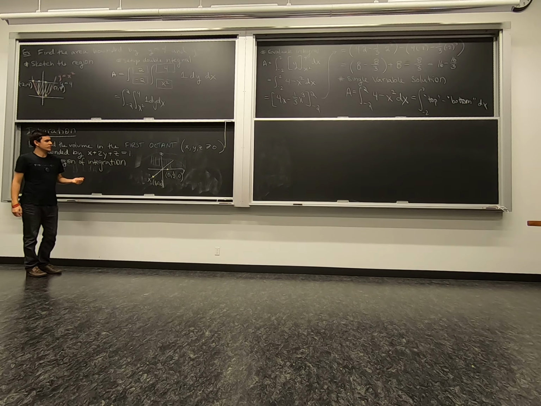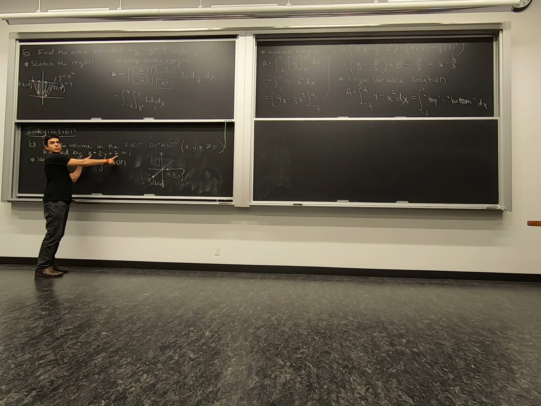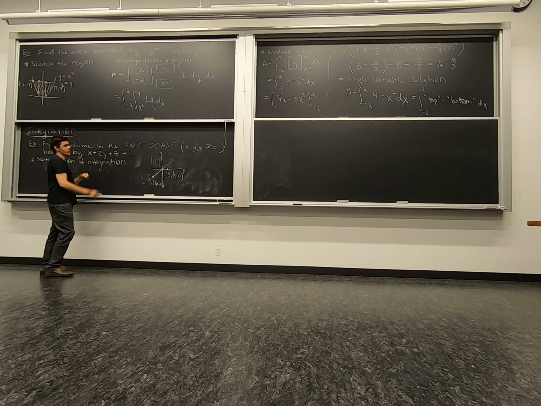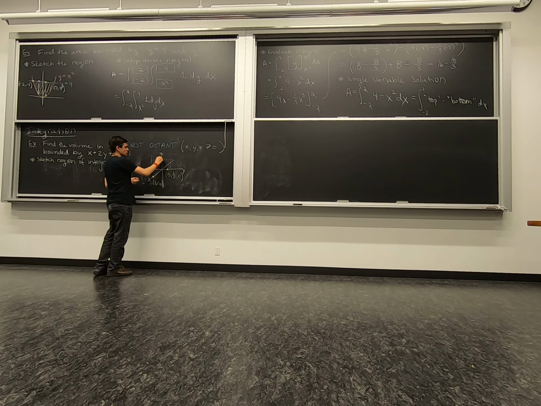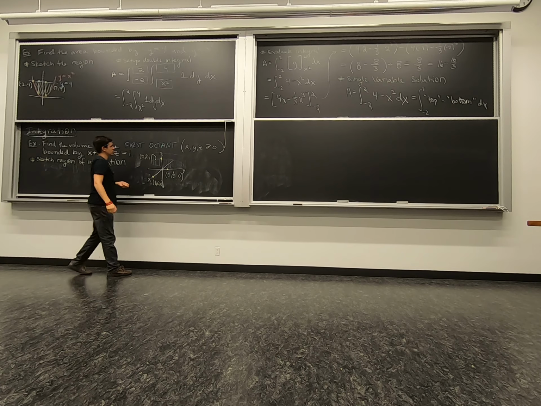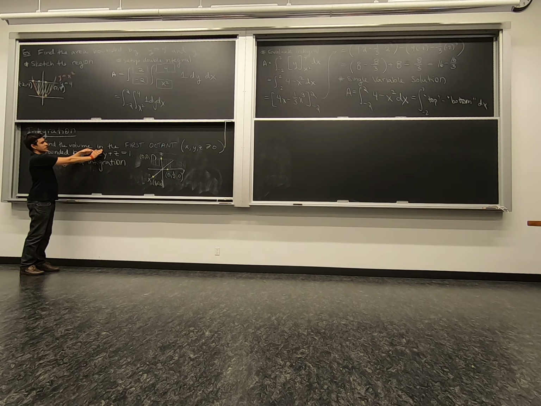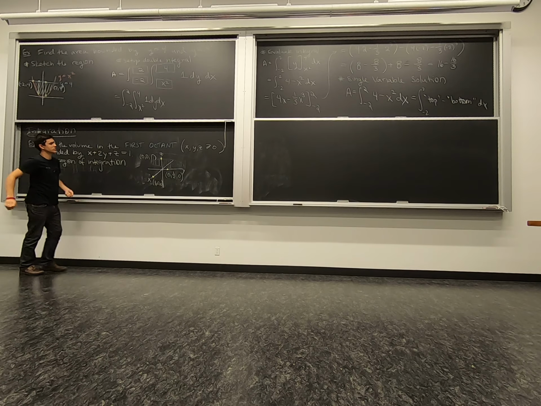We want our intercept with the y-axis. We set both of these guys to be 0. Okay, and here we set x and y to be 0. So that is 1.